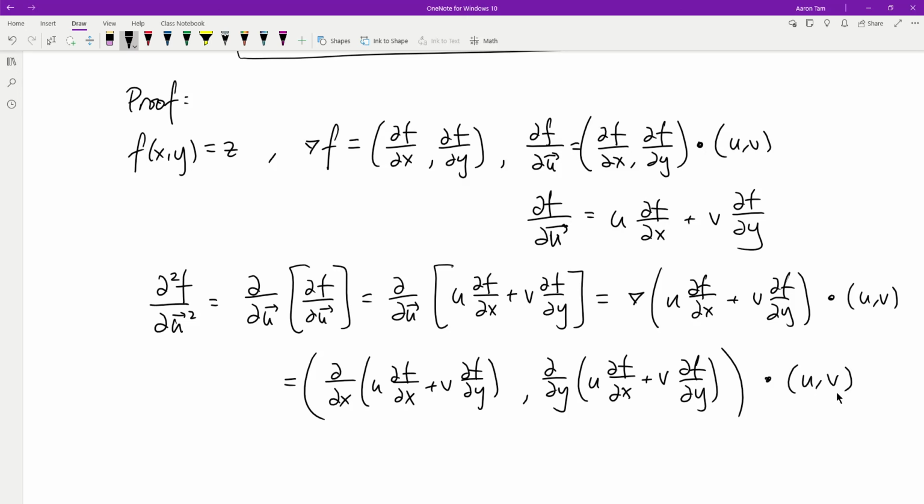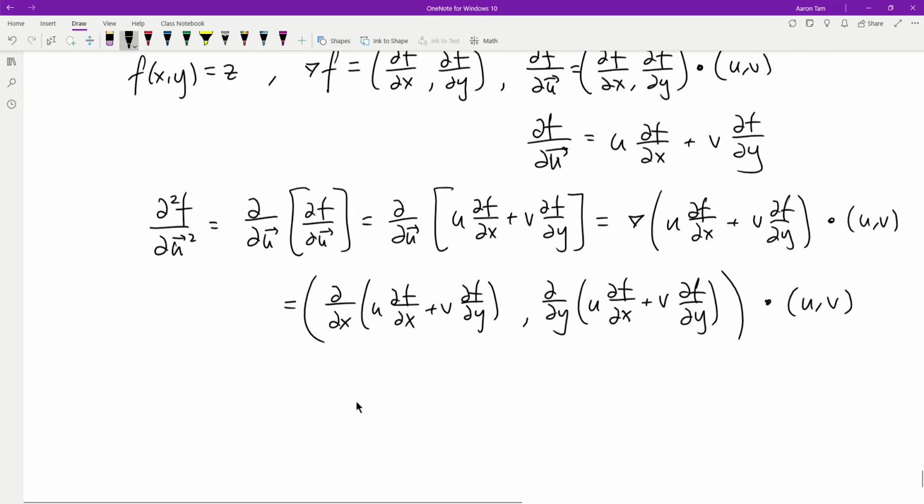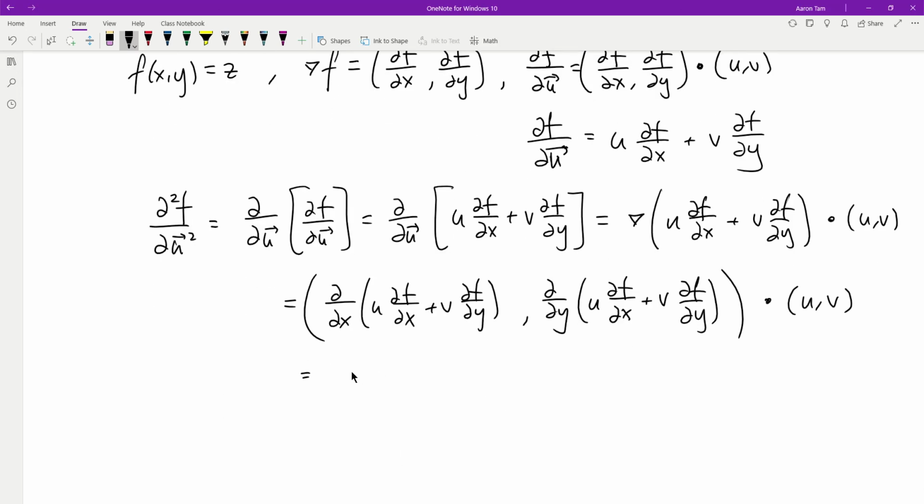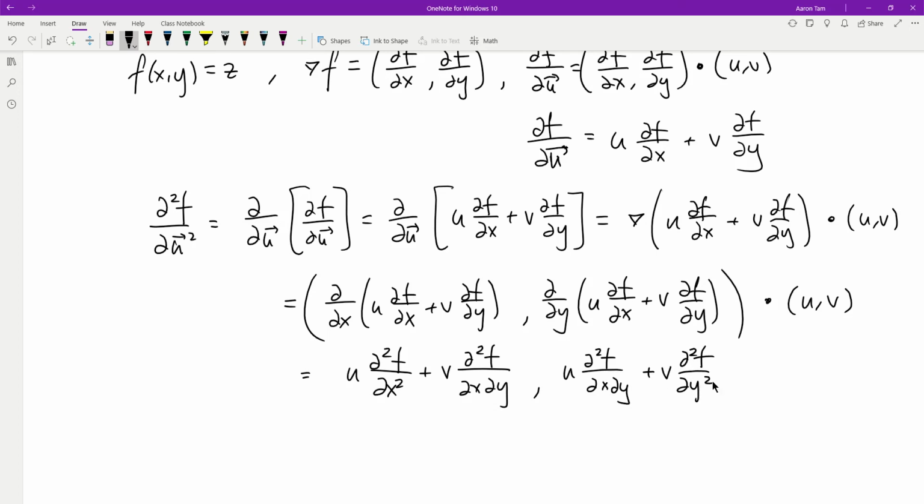And so what happens when you take the partial derivative with respect to x of the first expression? Well, that just becomes u d squared f over dx squared plus v d squared f over dx dy. When I apply d over dy to the second expression, that just becomes u d squared f over dy dx, which I'm going to assume is the same as dx dy, plus v d squared f over dy squared.